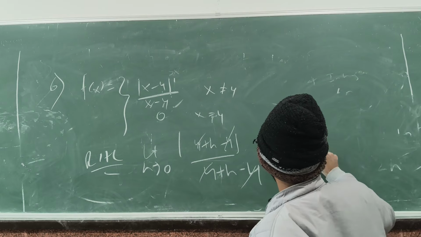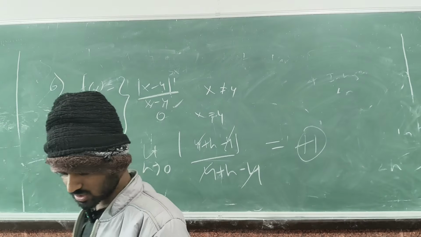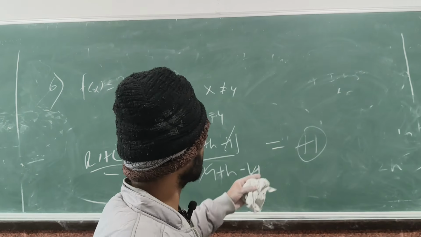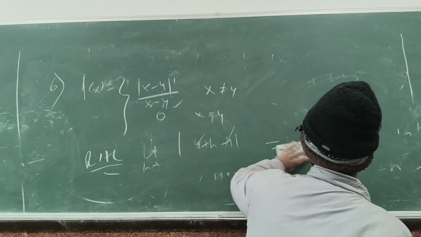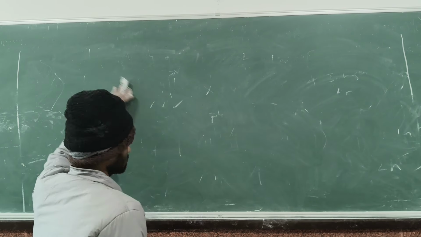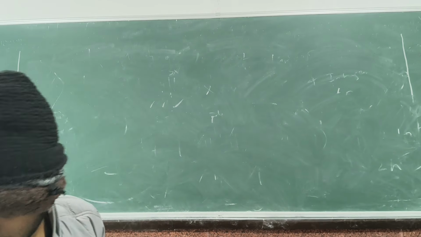This is plus 1. Means the left hand limit is minus 1 and the right hand limit is 1, so we can say the limit does not exist. Next question. Next question is the 7th question.